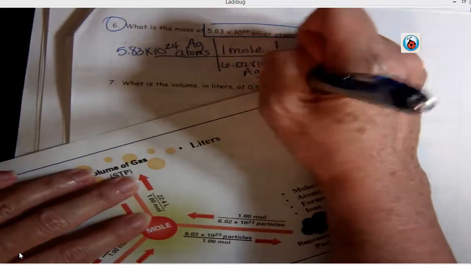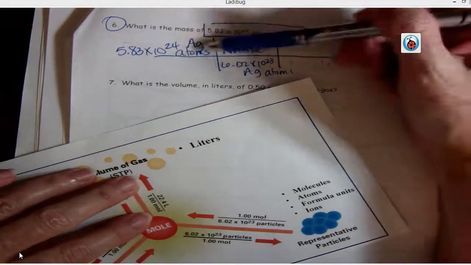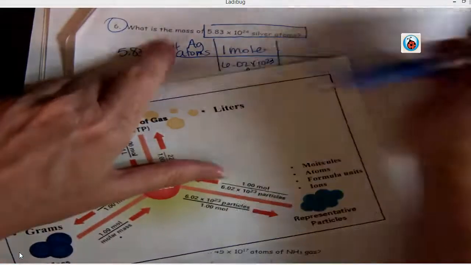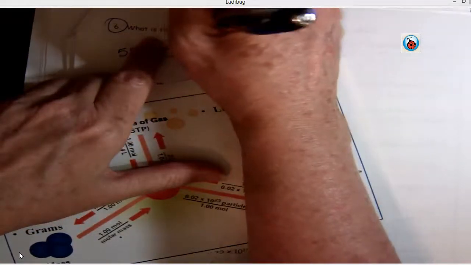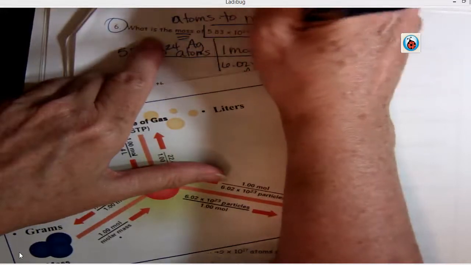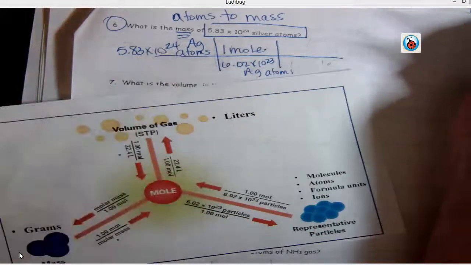Silver atoms. All right, so there's our first conversion, atoms to moles. But that doesn't answer my question because I want to know what is the mass. So this is atoms to mass, or I guess you'd say particles to grams.